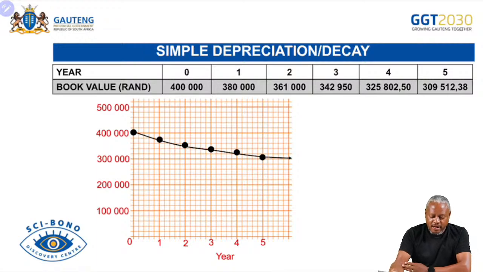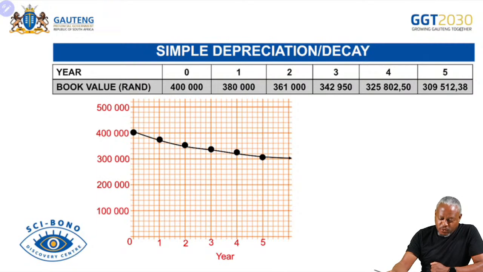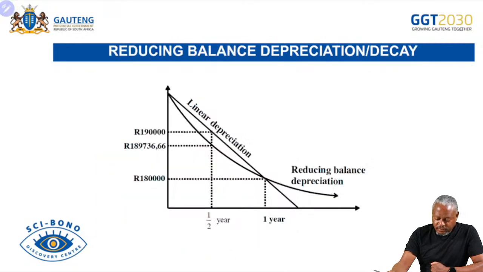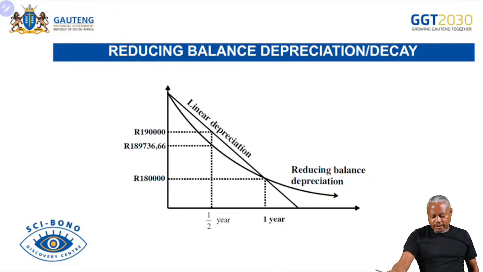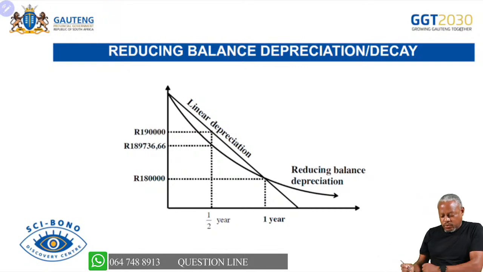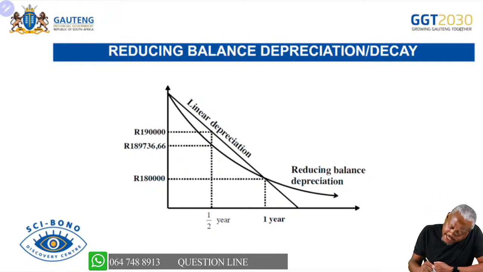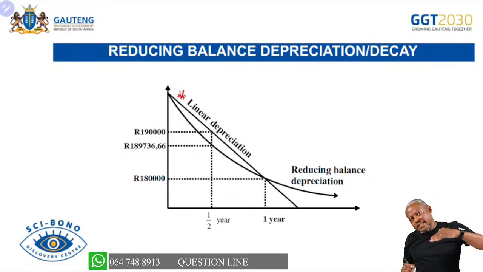Here is our graph. When you join our points, there is our graph. Simple depreciation. You see this one, it's a linear depreciation. Let's just check these two graphs. This one is linear. Linear means it goes down by the same amount.